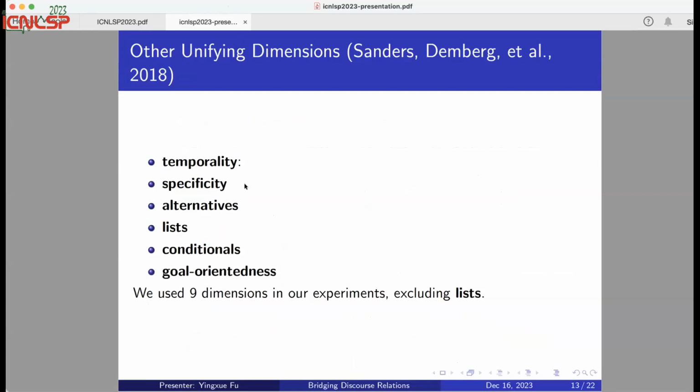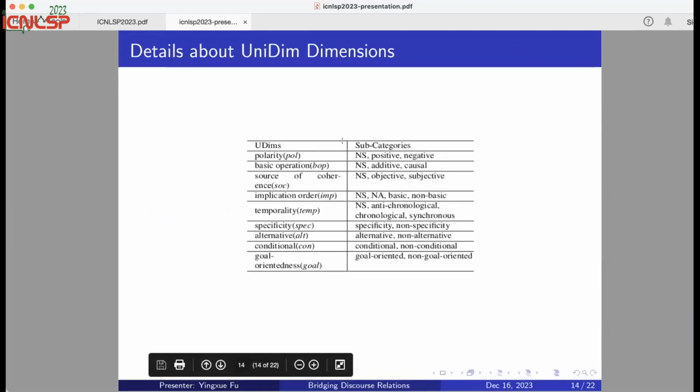These 5 dimensions are most of the time binary. These are the details for those dimensions used in the experiments. Each of the discourse relations will be encoded by those dimensions, and the specific values are shown here.